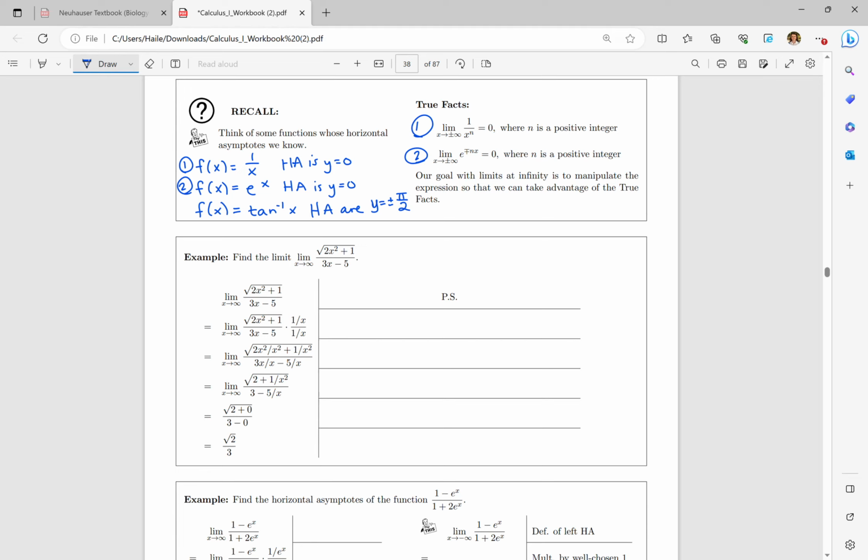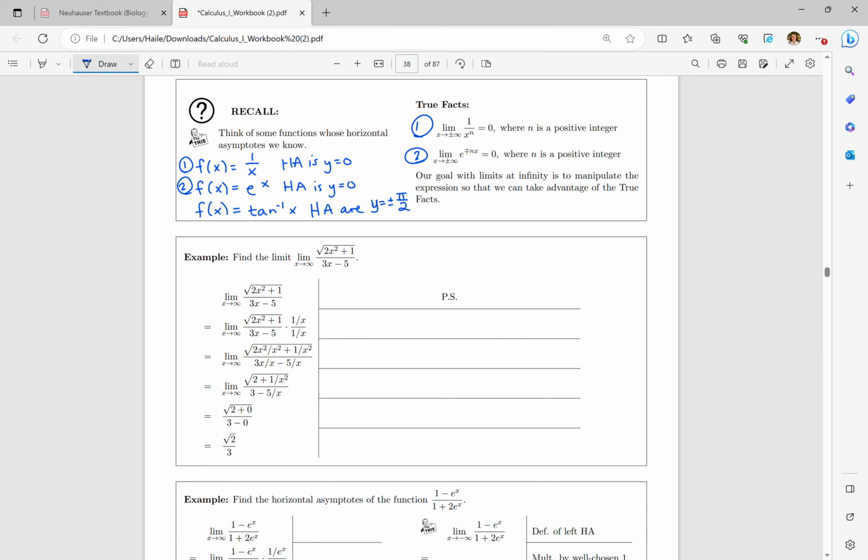So let me just make a little note of why these signs are the way they are. When you see plus or minus signs that are opposites like that, what that means is as x approaches positive infinity, we have e to the negative x, and as x approaches negative infinity, we have e to the positive x. So the signs match up, but as opposites. Okay, so there's actually two facts embedded in there.